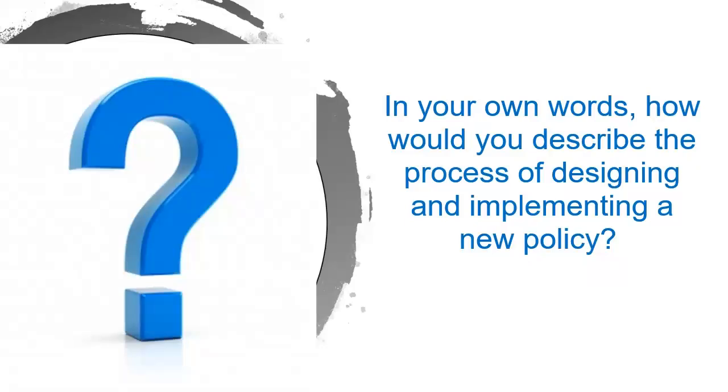On our question slide, we have this question. In your own words, so simply put, how would you describe the process of designing and implementing a new policy? Who do you think needs to be involved in deciding what is a problem that requires attention? How do we go about involving the appropriate people? Who is responsible for making these policies?